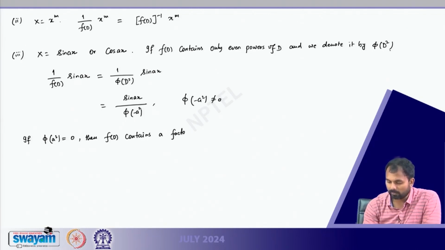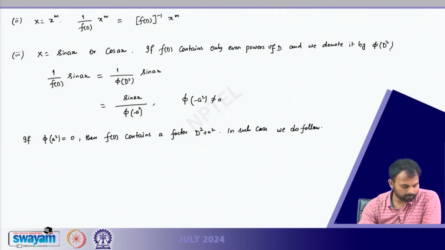a factor D square plus a square. In such cases we do the following. We keep that factor separated, and write cos ax plus i sin ax.